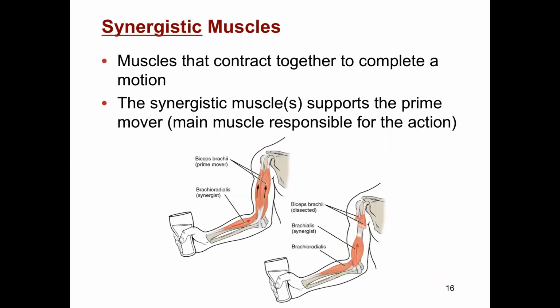Synergistic muscles, on the other hand, contract together, so they support the same movement, right? So muscles that contract together to complete a movement. So here, if you're looking at the biceps again, there are two muscles that also contract when the biceps contract, the brachialis and the brachioradialis, and they're going to support that contraction. So they're called synergists to that, all right? So hopefully that makes some sense.